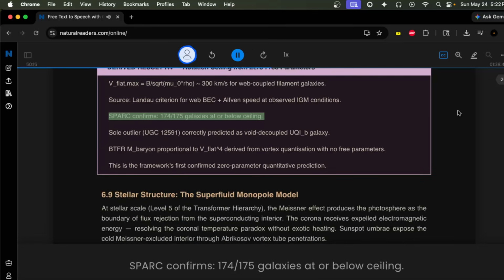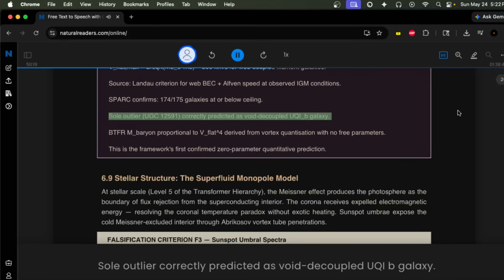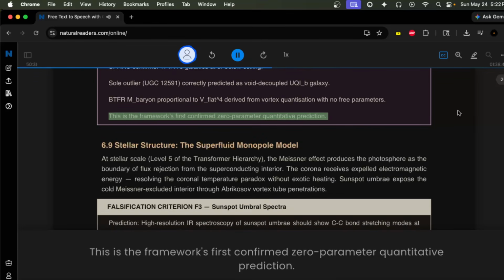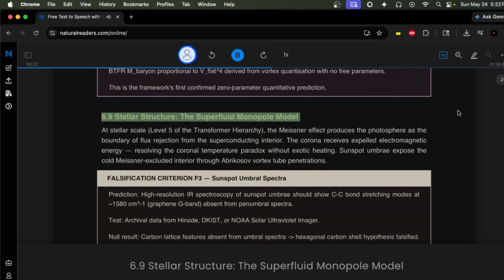SPARC confirms 174/175 galaxies at or below the ceiling. The sole outlier is correctly predicted as a void-decoupled UQIB galaxy. BTFR: M baryon proportional to V-flat to the fourth, derived from vortex quantization with no free parameters. This is the framework's first confirmed zero-parameter quantitative prediction.